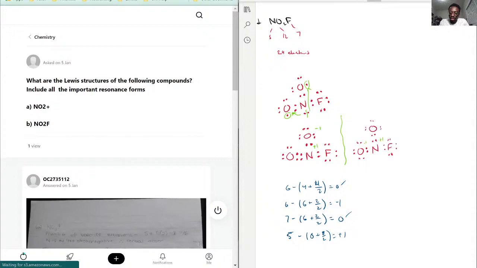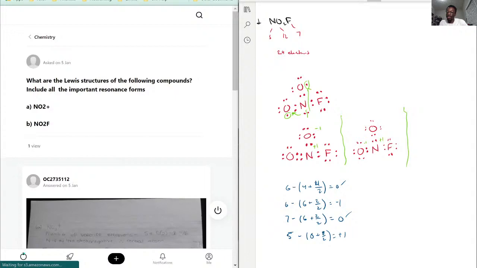Now there is another resonance structure we can do as well. That's a little bit wonkier, okay? Is if we made it so that both oxygens actually had a single bond and there was a double bond with the fluorine, okay?